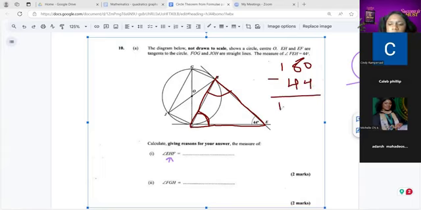We'll get 136. Then we divide this by 2 because those two angles are equal. So 136 divided by 2.